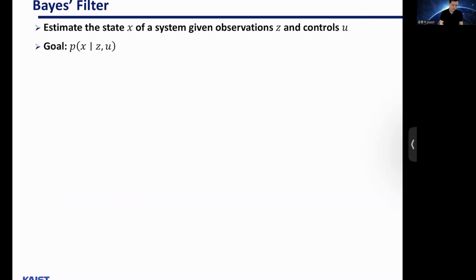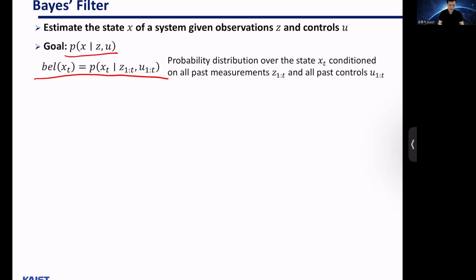So the goal is to compute the probability of X given control input U and observation Z. And we want to actually compute this belief XT, the probability of XT given Z1 to T and U1 to T. So this is the general definition of belief, and the definition is described here.